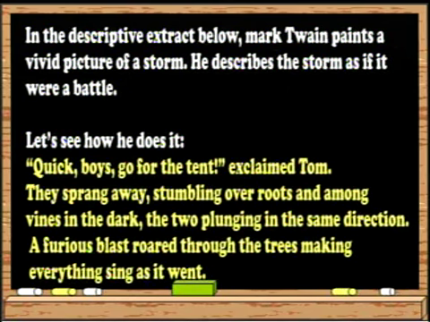"Quick, boys, go for the tent," exclaimed Tom. They sprang away, stumbling over roots and among vines in the dark, the two plunging in the same direction. A furious blast roared through the trees, making everything sing as it went.